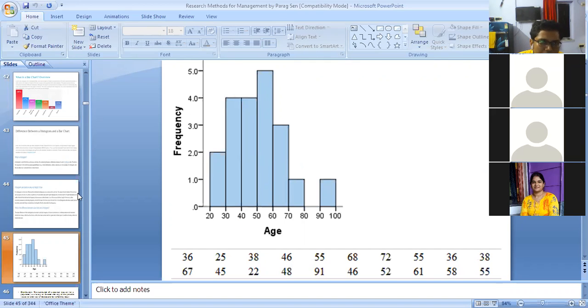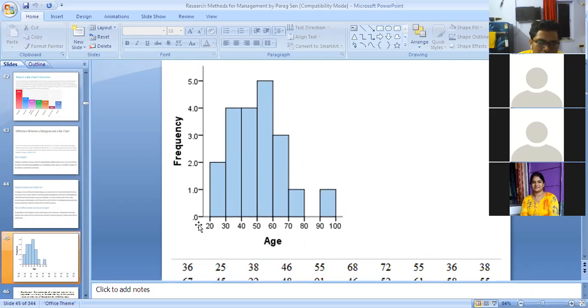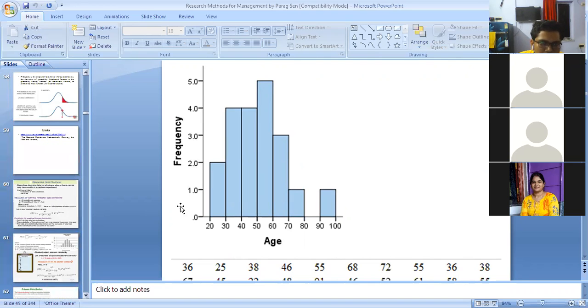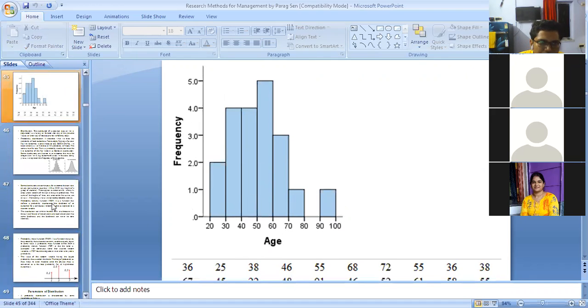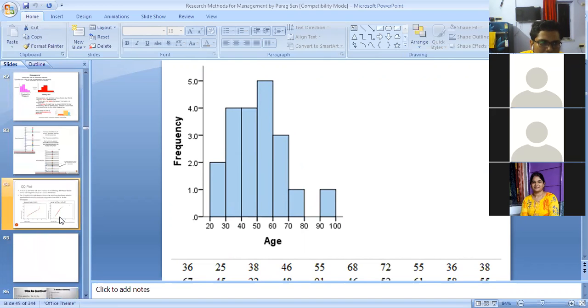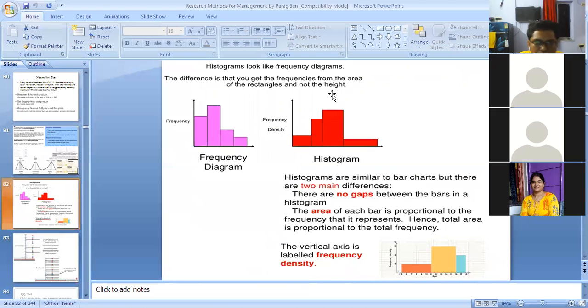Here they are mentioning it as frequency because they have taken all equal intervals, but actually in case of a histogram it should be frequency density if they take unequal intervals. You just have a look at this one, the concept will be clear.